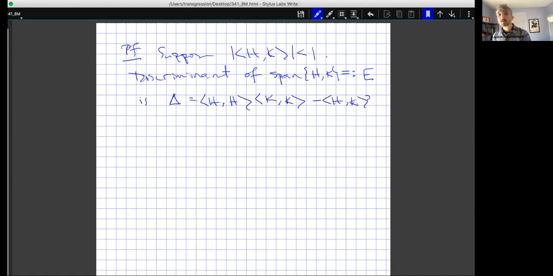It's this. Okay, but let's do the computation here, right? These are normal vectors, so they have norm -1, and -1 times -1 will be 1. And then I'm subtracting off this thing squared, but our hypothesis here is that that quantity is going to be less than 1. And so overall, this discriminant is positive.